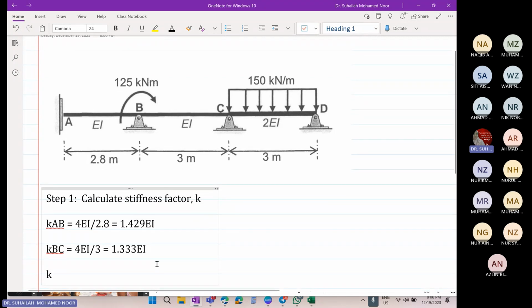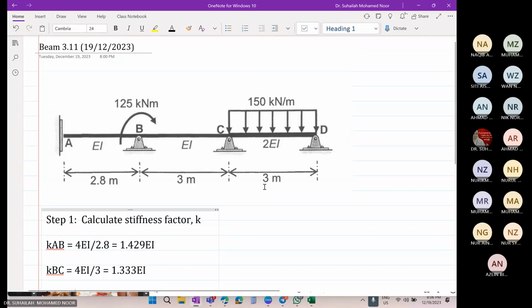And for member CD, D will be the far end. C is internal, we don't call it far end. When we talk about the far end condition, it refers to the end point, so D is the far end pin.